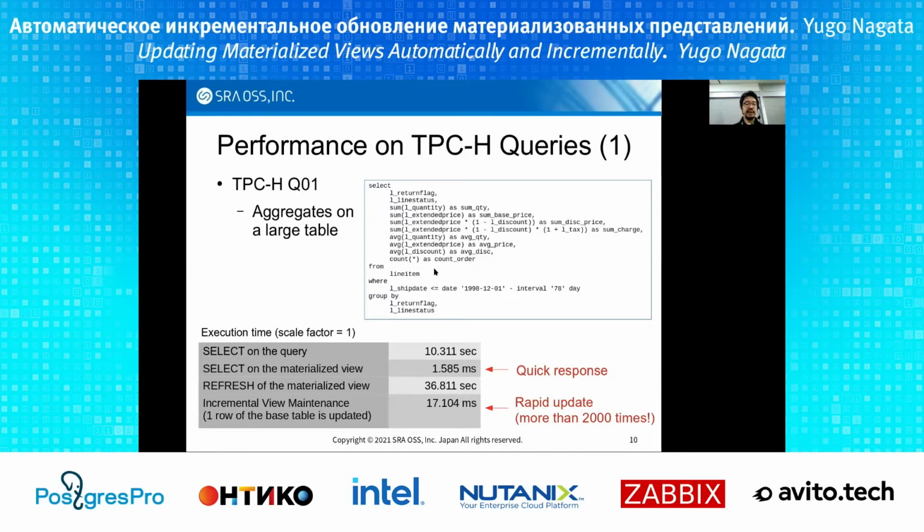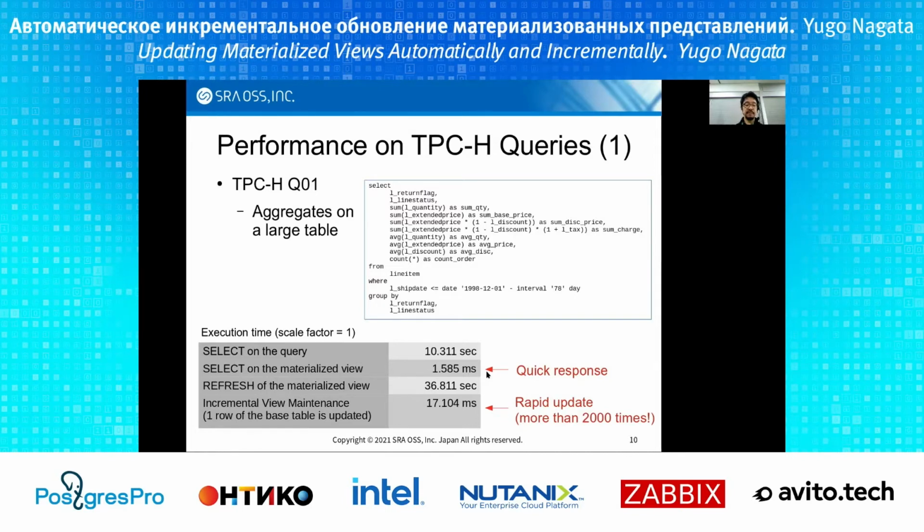And by creating a materialized view, the response time is 1.5 milliseconds. So it enables quick response. However, refresh of this materialized view took about 36 seconds. So it takes so long.